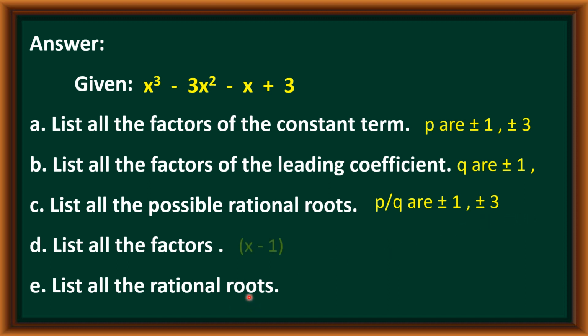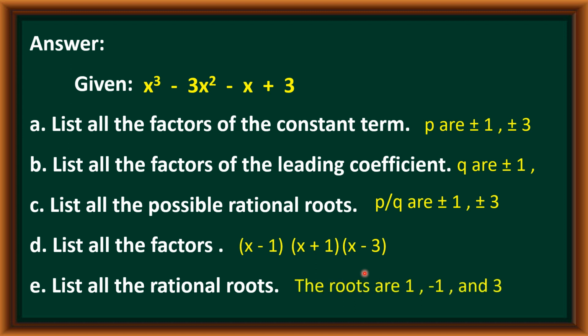Now, for the factors, we have quantity x minus 1 times the quantity x plus 1 times the quantity x minus 3, and all the roots are, para dito, positive 1, para naman dito, negative 1, and for here, it's negative 3. Now, i-check natin kung paano nakuha yung mga factors na yon.